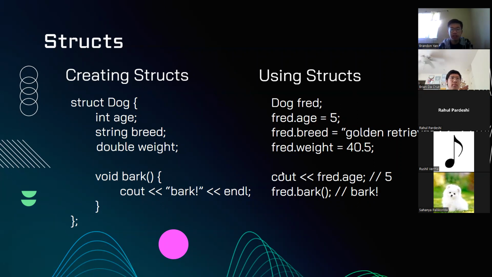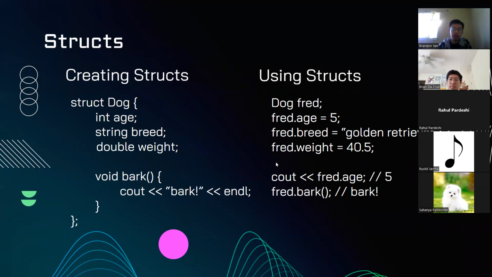Let's say the code on the right is in the main. We're going to instantiate an instance of our dog class and name it Fred. So now we have a dog Fred, and we want to assign some values to it. So let's say Fred.age equals 5, and then Fred.breed equals golden retriever.